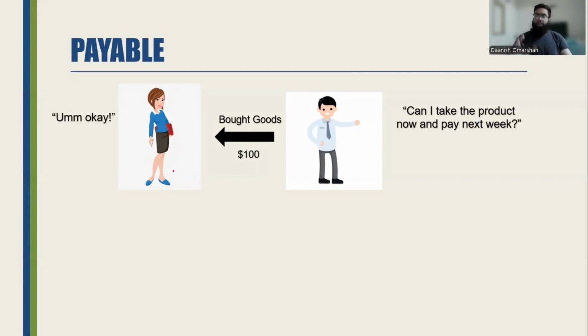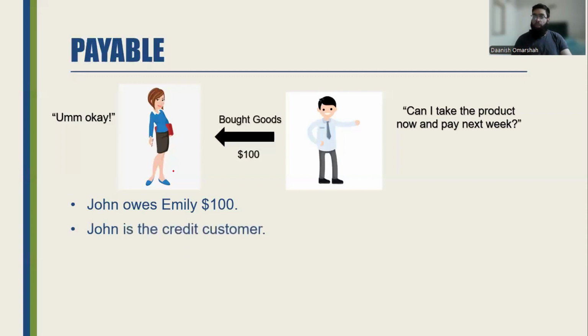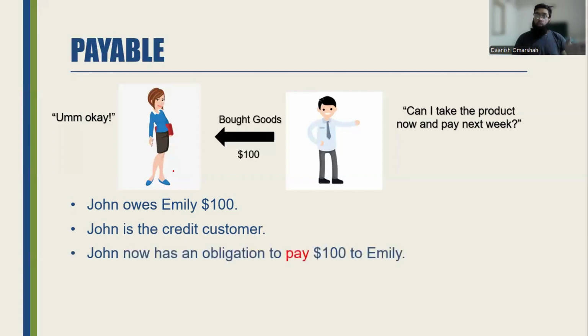Now, let's understand the scenario from John's perspective. John owes Emily $100. All right? John owes Emily how much? $100. So John is Emily's credit customer, and now John has an obligation to pay $100 to Emily.